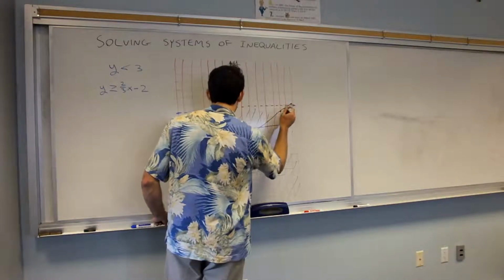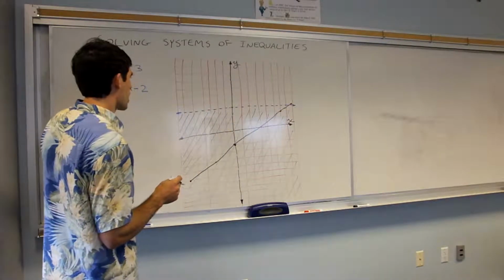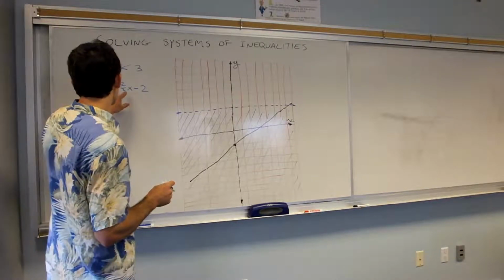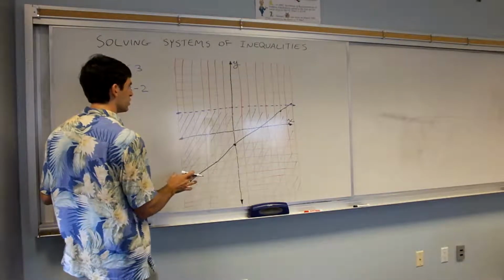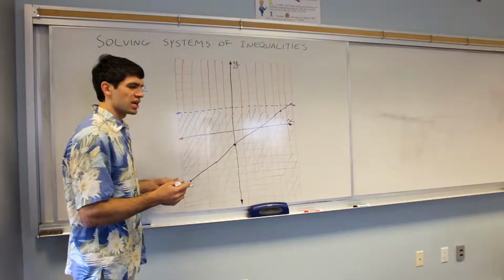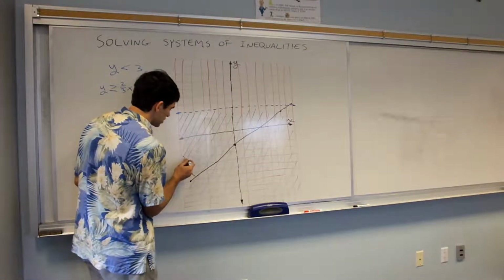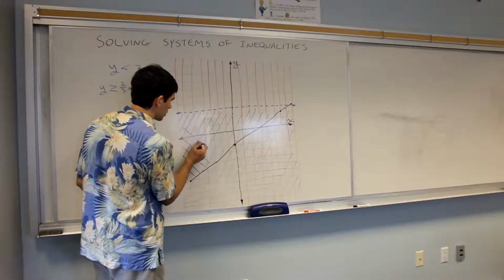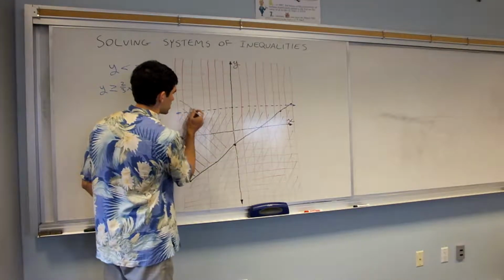And since y is greater than or equal to 2/3 x minus 2, we're going to shade the area above the line. So I'm going to shade in black to represent the solution to this inequality.